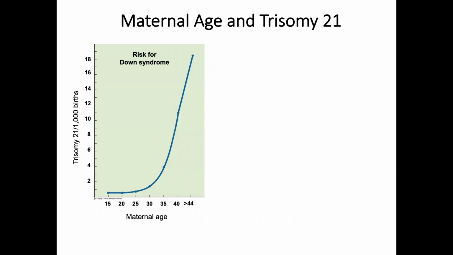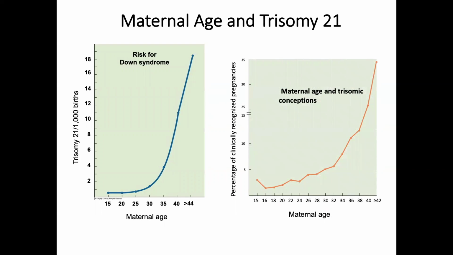This figure shows the relationship between maternal age and the frequency of trisomy, that means Down syndrome. You can see that the risk increases rapidly after 35 years of age. At age 44, about 2% of babies will be born with Down syndrome. This is the same with other trisomy disorders.